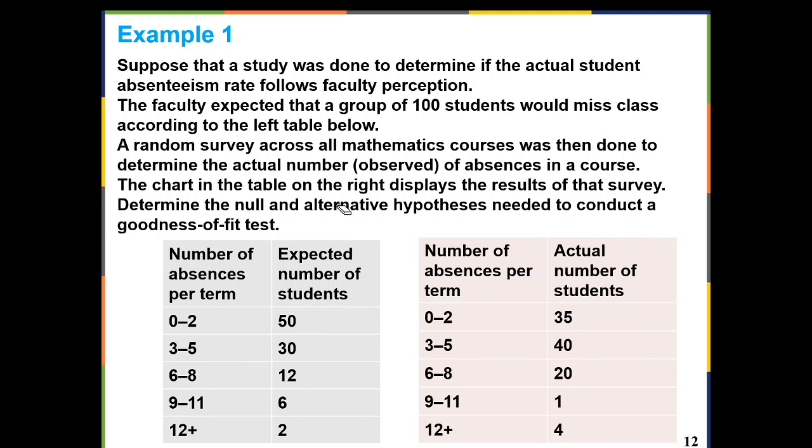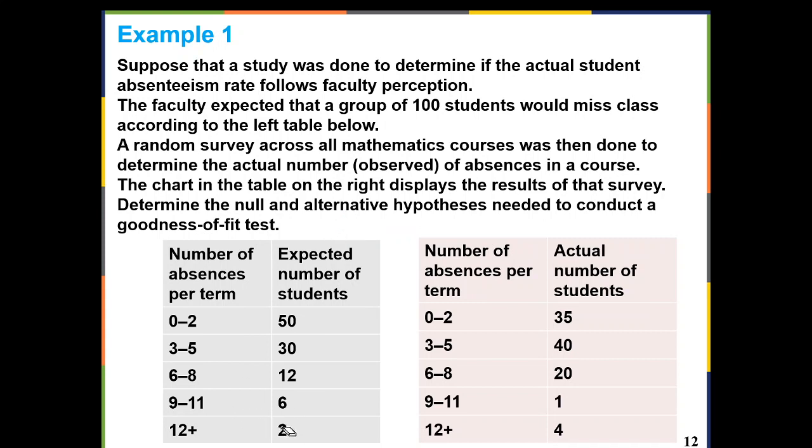Now, one thing about this test is that these cell numbers, these expected numbers, have to be greater than or equal to 5. In this case, these two, this one, are not at least 5. So before we start doing this test, we make sure we satisfy this condition.